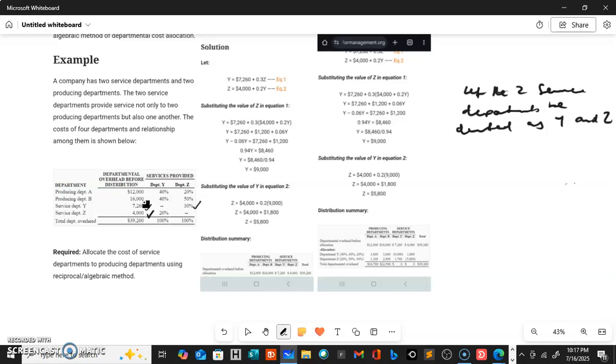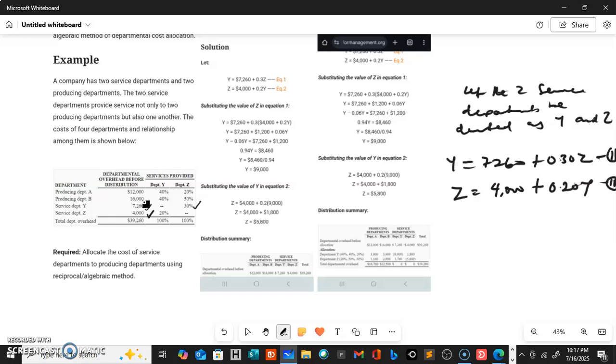So for Y, the total cost is $7,260 plus 30%, that is 0.30 of Z. And for Z, we have 4,000 plus 20% of Y, that is 0.20Y. So this is equation 1 and equation 2.